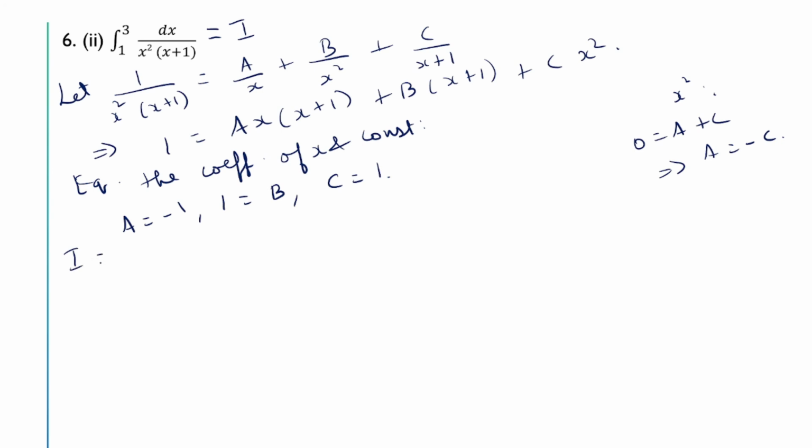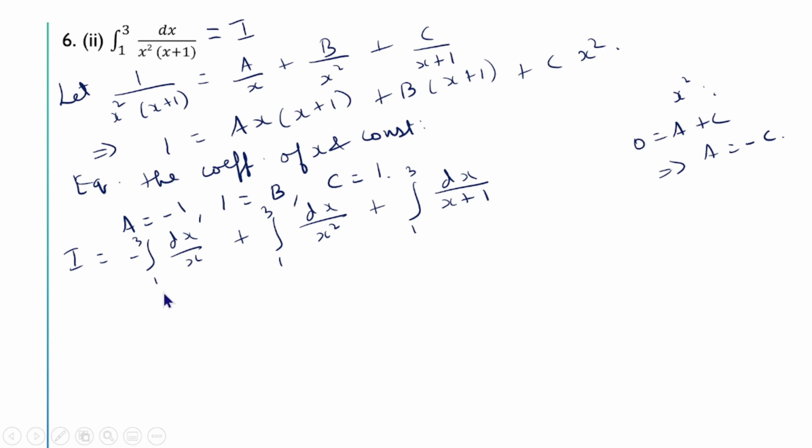So the given integral becomes minus integral 1 to 3 dx upon x plus integral 1 to 3 dx upon x square plus integral 1 to 3 dx upon x plus 1. We have to use the same methods that we have used for indefinite integrals. We have to integrate and then substitute the limits.